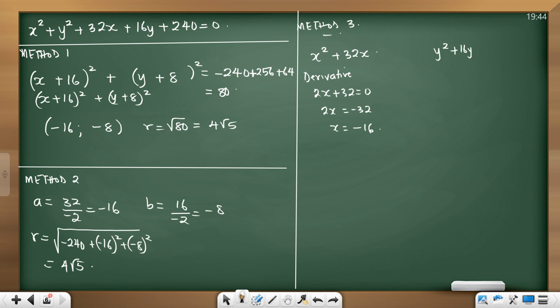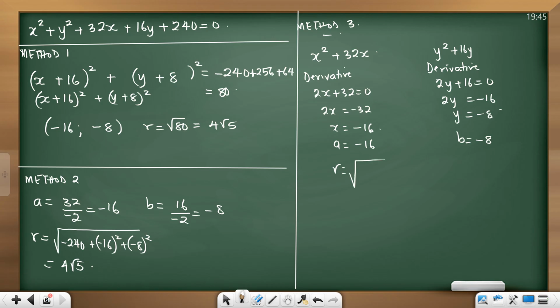What is our derivative going to be? 2y plus 16 equals 0. 2y is negative 16. We're not interested in y itself, right? We're interested in a and b. And my r would be again the square root of negative 240 plus negative 16 squared.